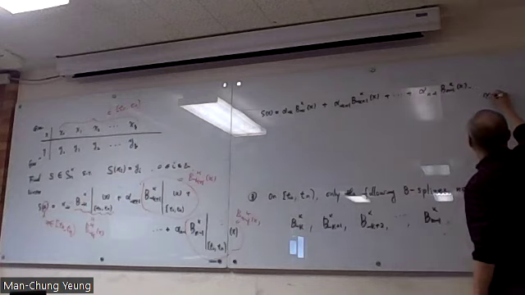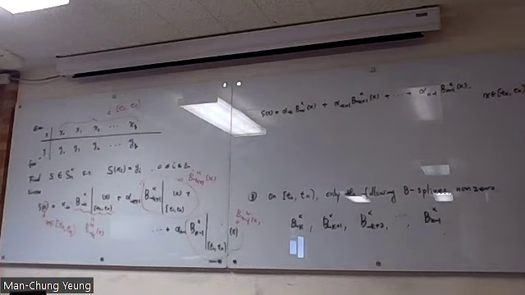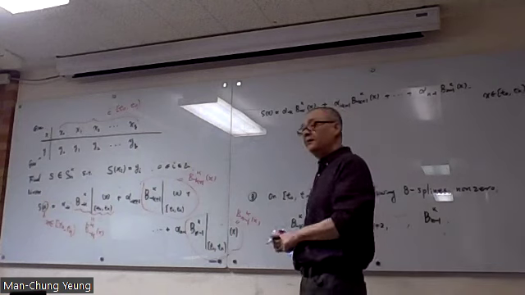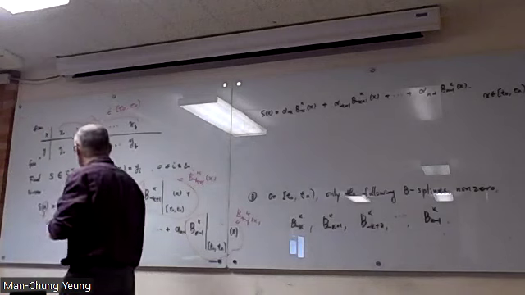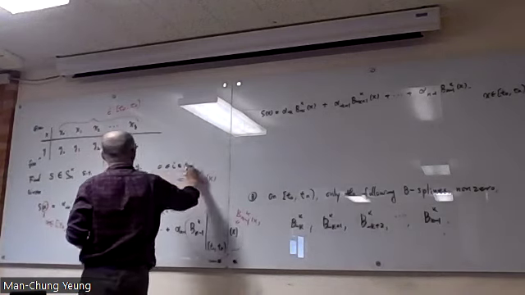Here I assume x is in [t_0, t_n]. Okay, now I want S to satisfy these conditions.